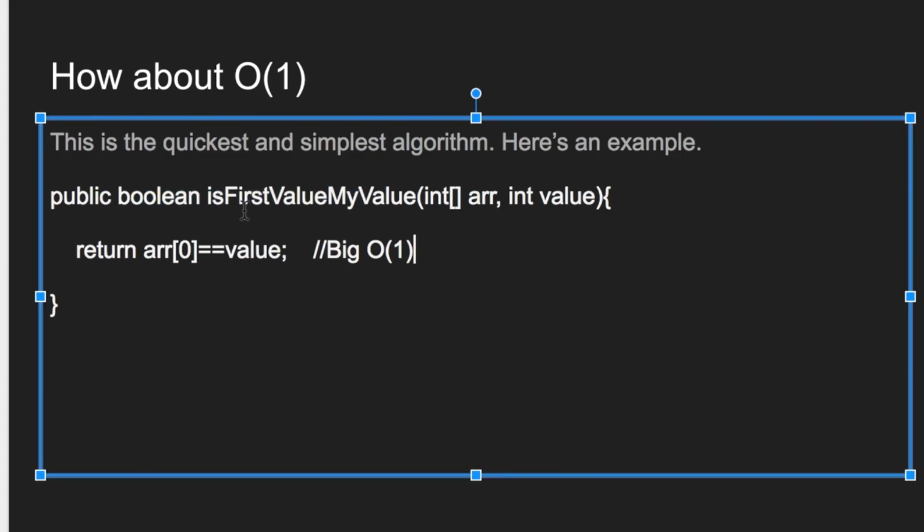If you're looking at an array and you only need to look at the first value to see if it's equal to some value, then really that's one line of code, very quick. Just one operation is performed, and that's all that's ever needed. That's the worst case scenario, and thus the big O is 1. So you're looking at the array, seeing if spot 0, which is the first spot, is equal to some value.